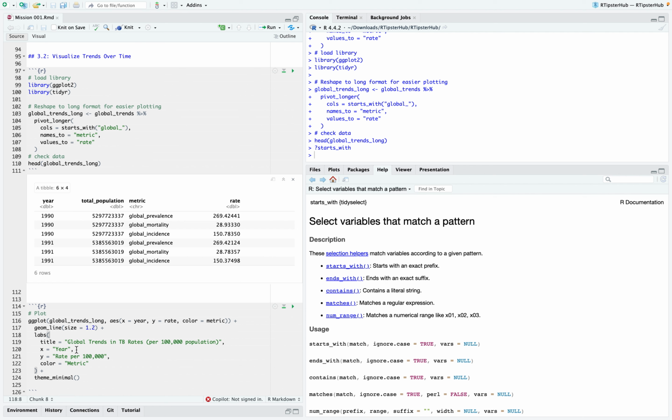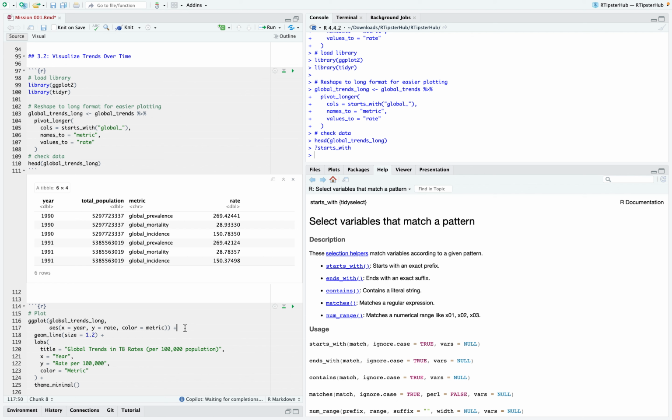Right, got it. So for plotting, we are going to plot a line graph. And we have our data set here. Then we are specifying that on the x-axis, the horizontal axis, we are going to have the year, and on the y-axis, we are going to have the rate. And then the color is going to be the metric, which could be either global prevalence, global mortality, or global incidence.